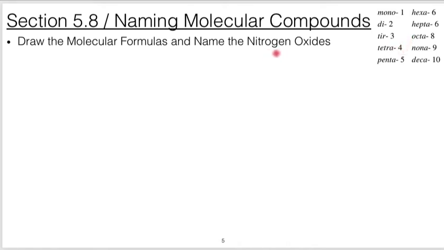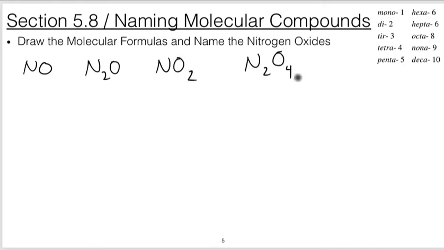Okay, nitrogen oxides. There are at least 4 different ways for nitrogen and oxygen to come together. It can be at a 1-to-1 ratio, 2-to-1 ratio, 1-to-2 ratio, 2-to-4 ratio, and there's probably others. Who knows? So we can't just simply say nitrogen oxide. That doesn't cover our bases.